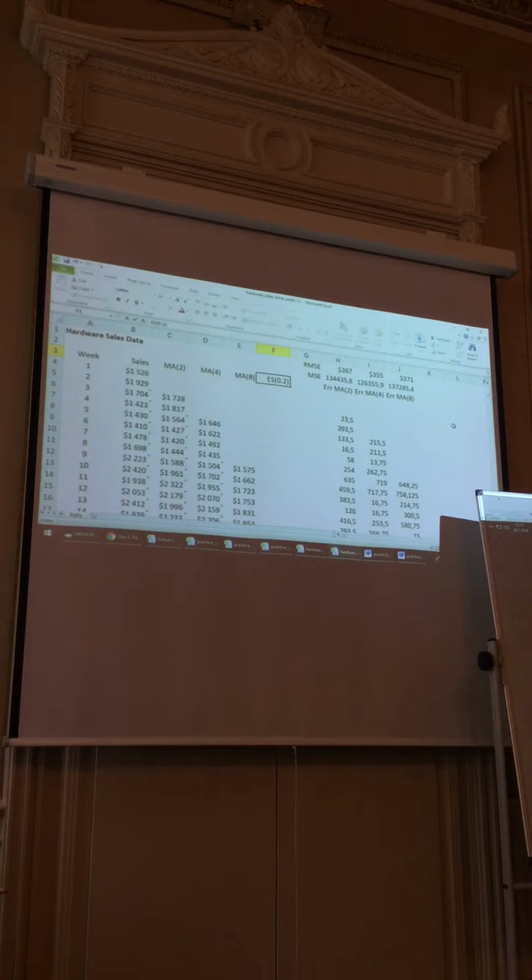You guys are smart enough now that you could actually determine the best alpha, and I'll show you how you could do that. We won't do it, but I'll show you how. So that's just a label. I'm going to need that 0.2, so I'm going to put it in a cell right above.